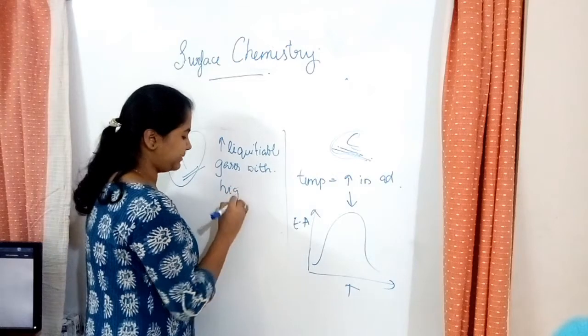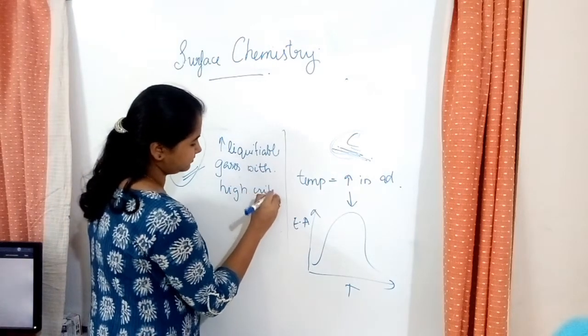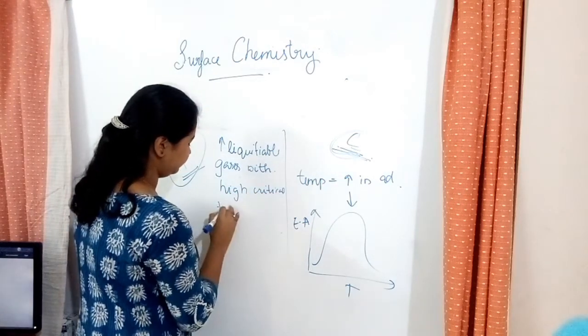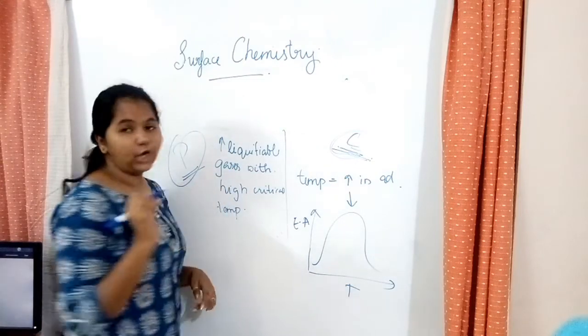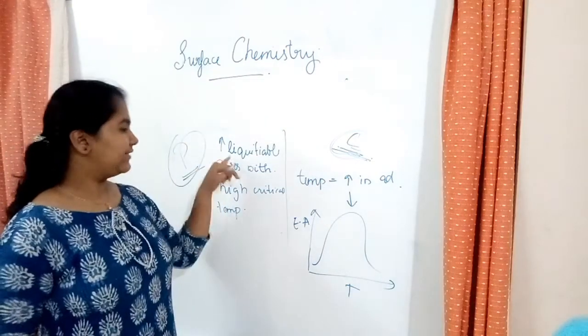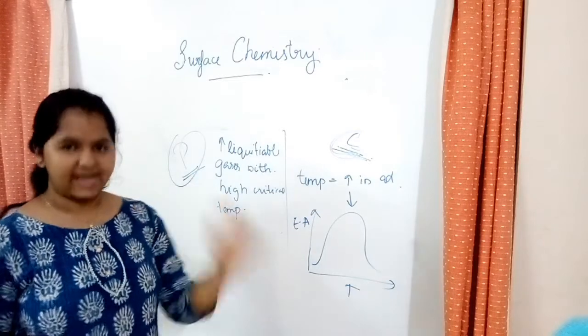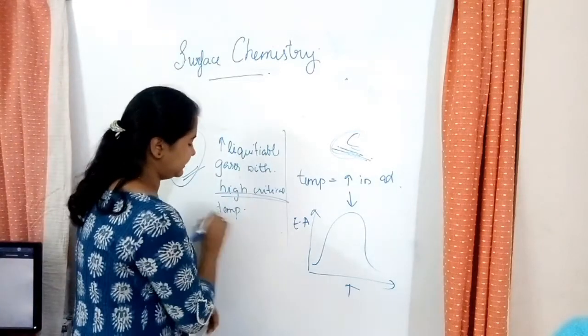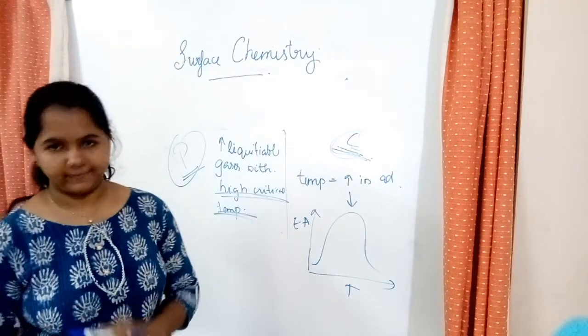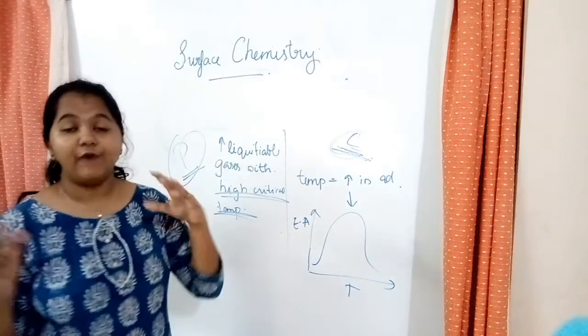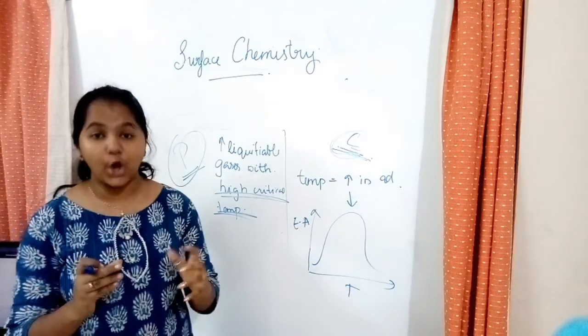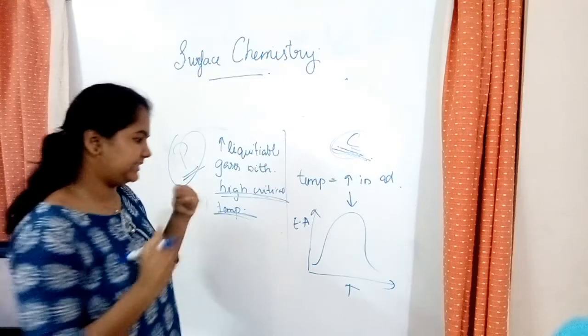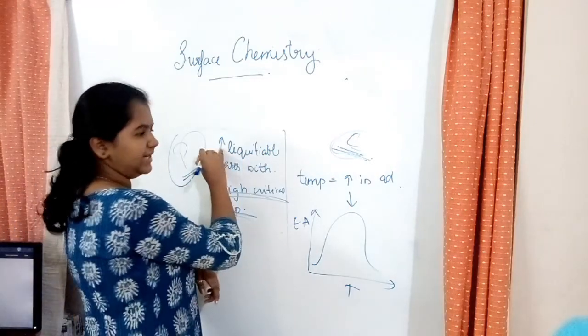High critical temperature is adsorbed faster. So highly liquefiable gases with high critical temperature are adsorbed fast because the van der Waals forces are very strong at critical temperatures. So we learned the point over here.